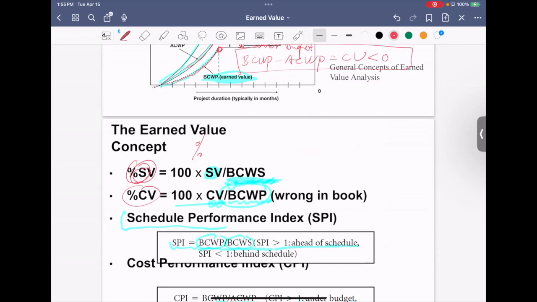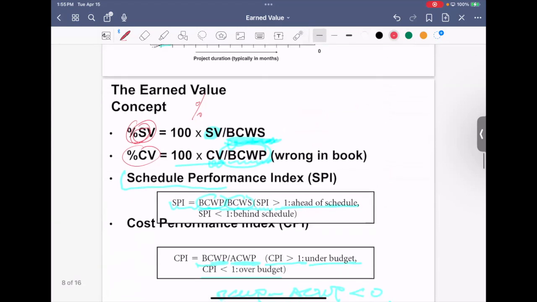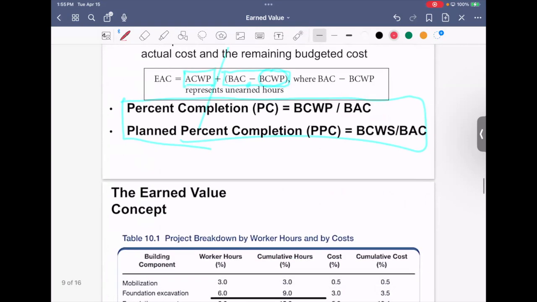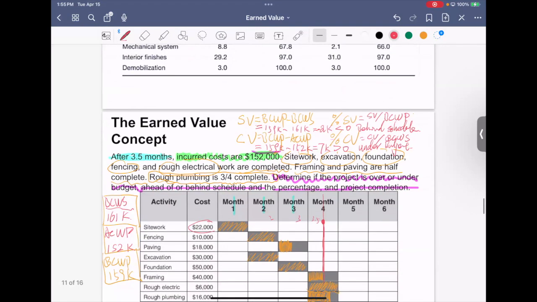SV is divided by BCWS. You see S is S and the C is P, okay? CP are couples, right? So just flip. I'm going to remove those because I don't have space.